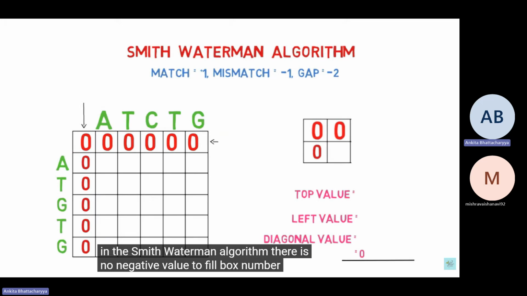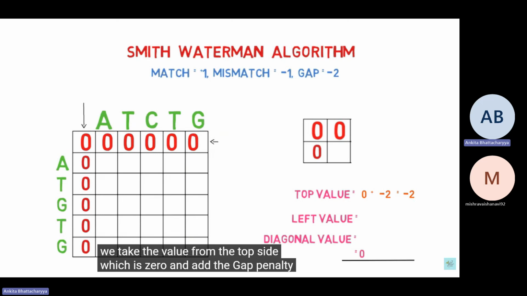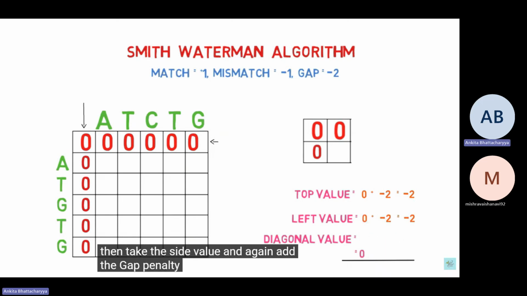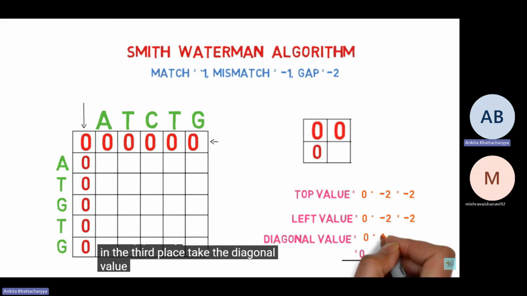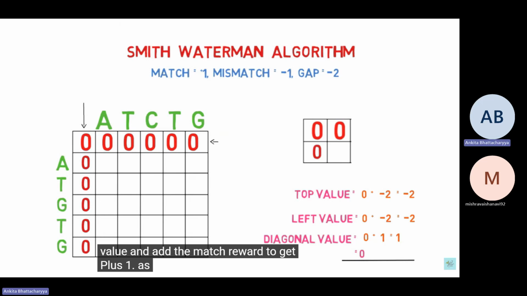To fill box number 1, we take the value from the top side, which is 0, and add the gap penalty. Then, take the side value and again add the gap penalty. In the 3rd place, take the diagonal value and add the match reward to get +1, as A corresponds to A, and the last one is 0.